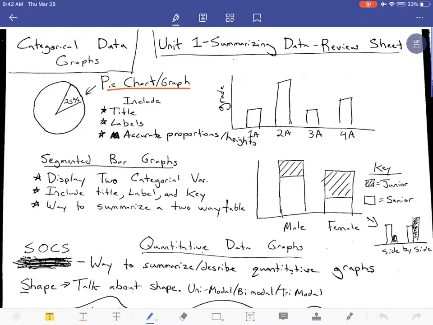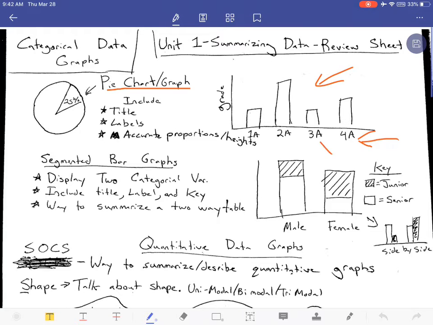Then another way to display that categorical data is a bar graph or bar chart, which is this right here. Essentially the same thing, except you have the different proportions, percentages listed as bars. And as you see, the labels are going to be your different groups.